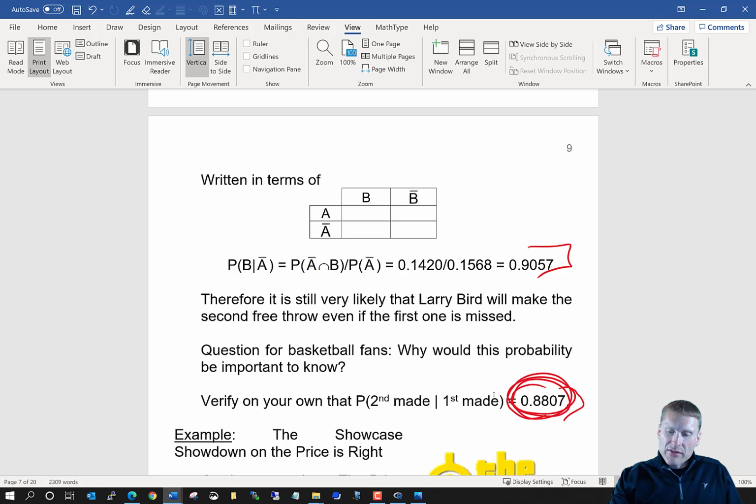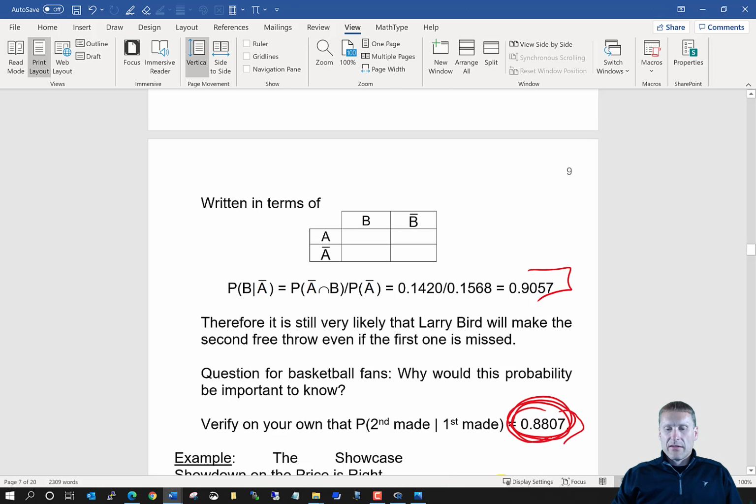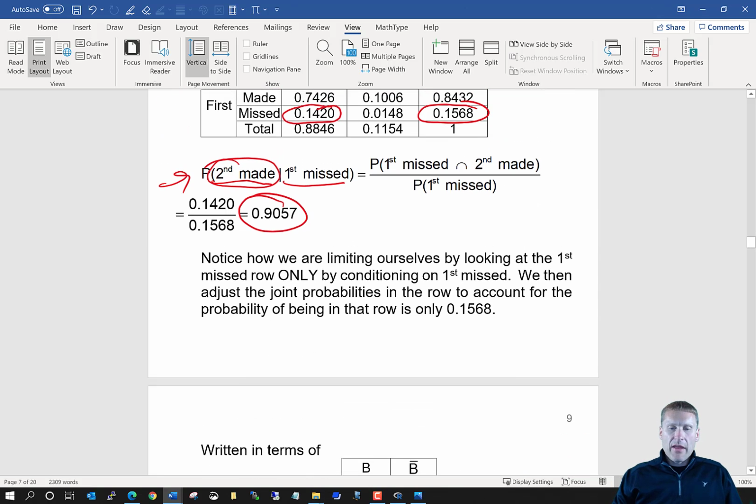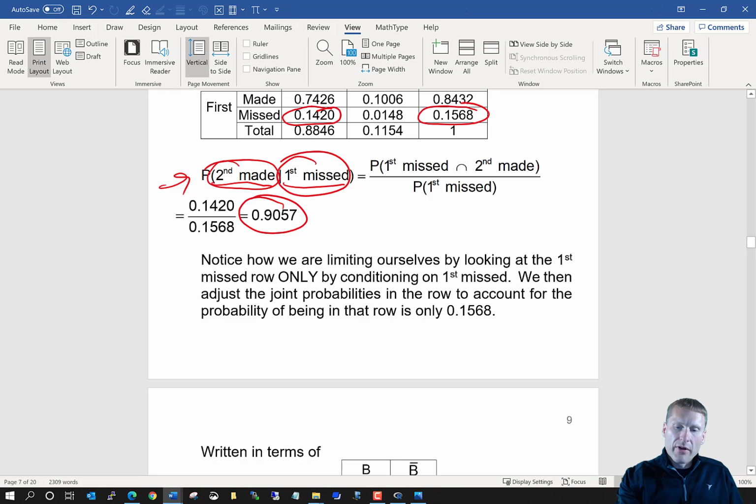This is actually less than if Larry Bird had missed that first free throw. So perhaps in Larry Bird's situation, he does concentrate more on making that second free throw, making sure he's using the correct technique, supposedly, or perhaps I should say. And that leads to a higher probability of making that second free throw.